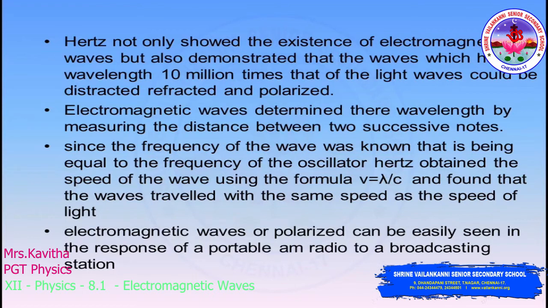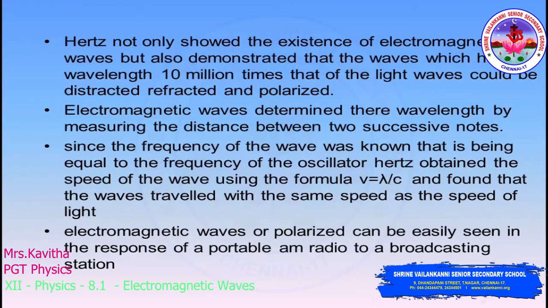See, Hertz not only showed the existence of electromagnetic waves, but also demonstrated that waves with wavelength 10 million times that of light could be diffracted, refracted and polarized, all the phenomena of light. Thus he conclusively established the wave nature of the radiation.